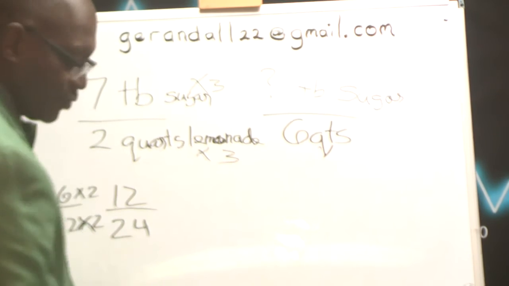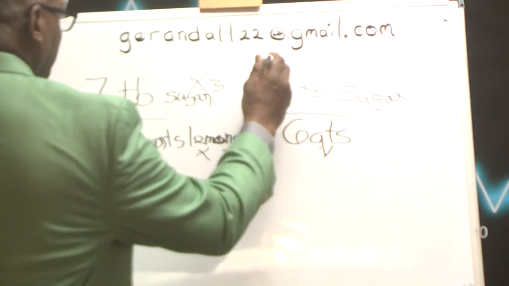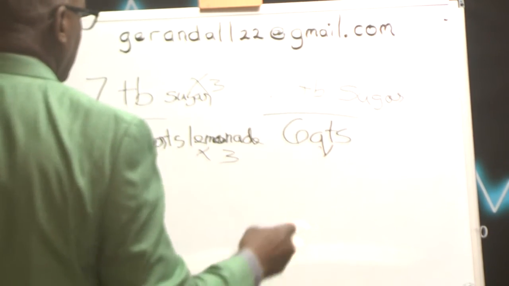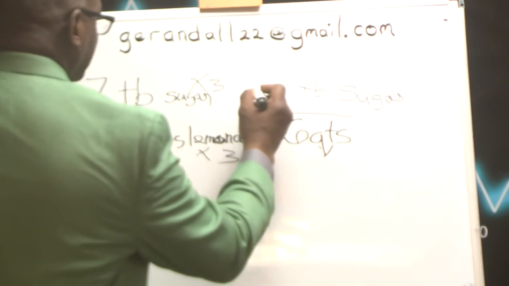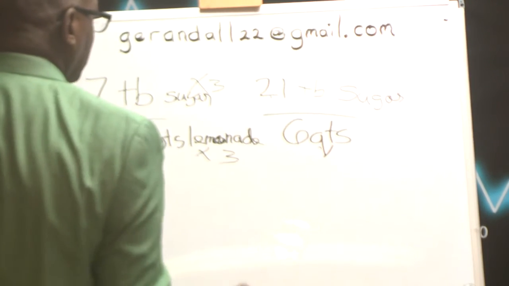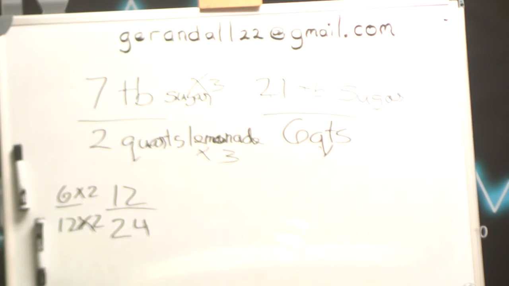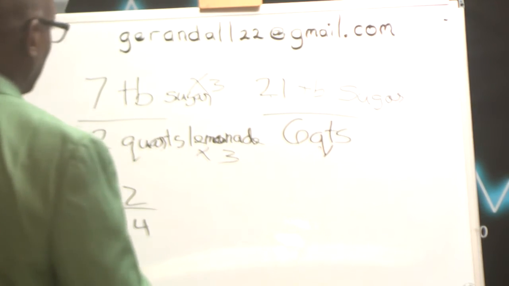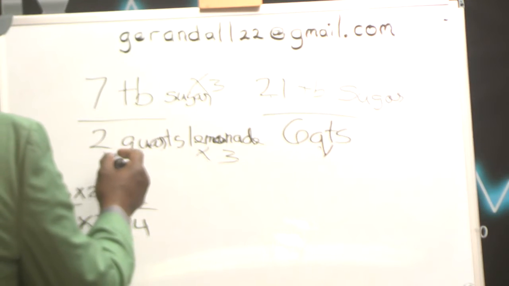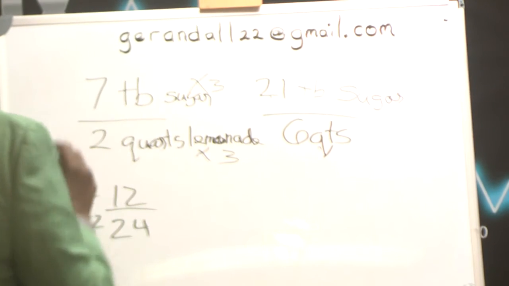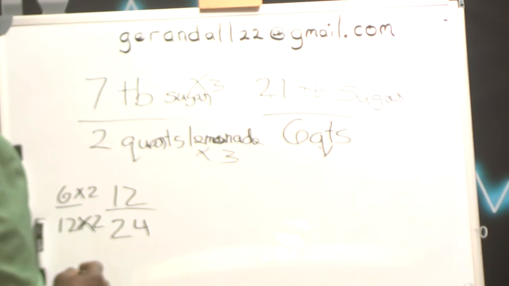So the answer to this particular issue is 3 times 7, 21 tablespoons of sugar. Again, we're comparing rates. For every 2 quarts of lemonade, we need 7 tablespoons of sugar.